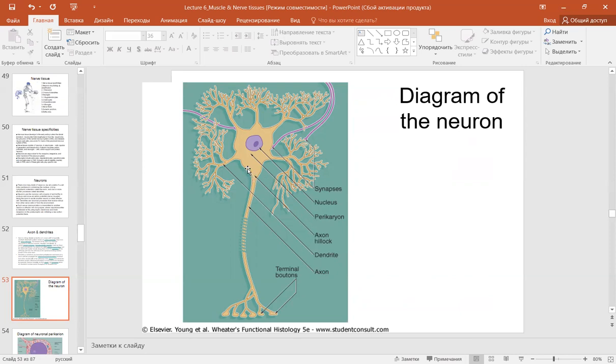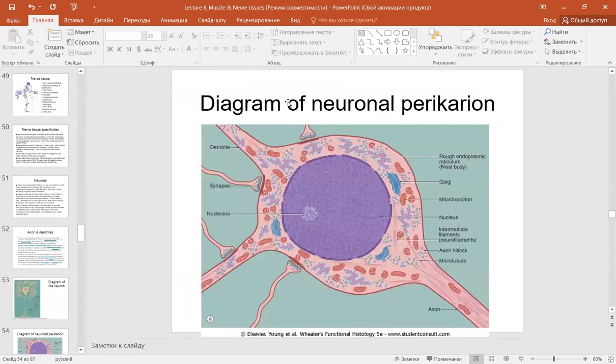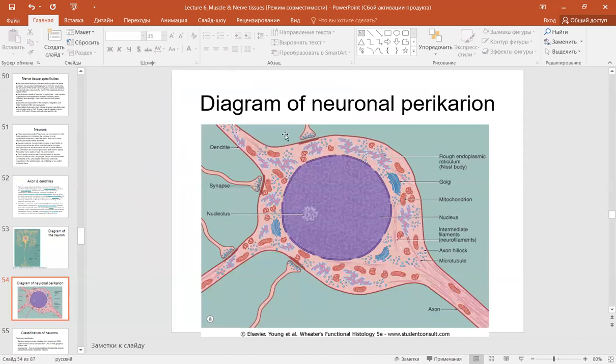The axon here looks devoid of the initial substance. Synaptic junctions of the axons of the other neurons with this multipolar neuron. Dendritic processes. This is a typical arrangement of most of the neurons of the human body.